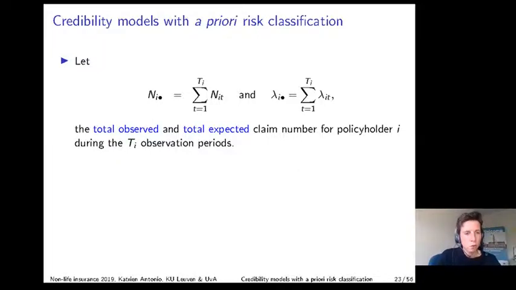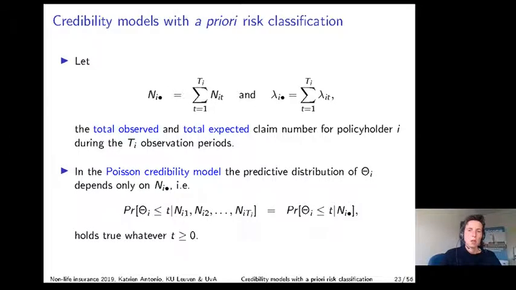As mentioned earlier on, the idea is to gain insight in the distribution of theta_i, the random risk variable, in a Bayesian way. That is, by using the posterior distribution of theta_i, given N_i1, N_i2, and so on. In our Poisson credibility model, this distribution of theta_i will only depend on the total number of claims reported on contract i.